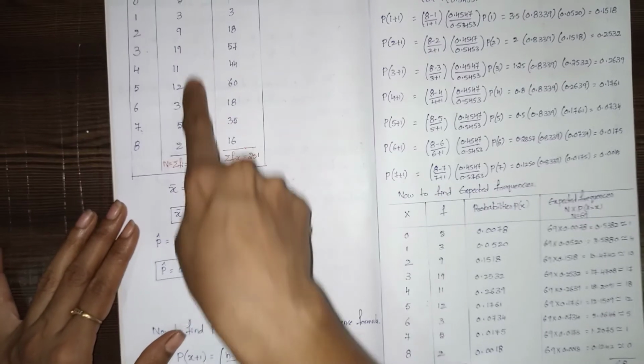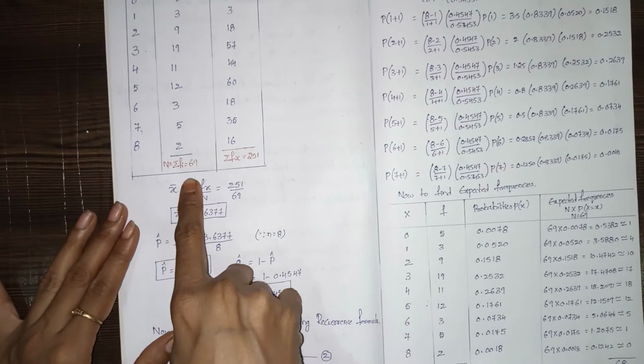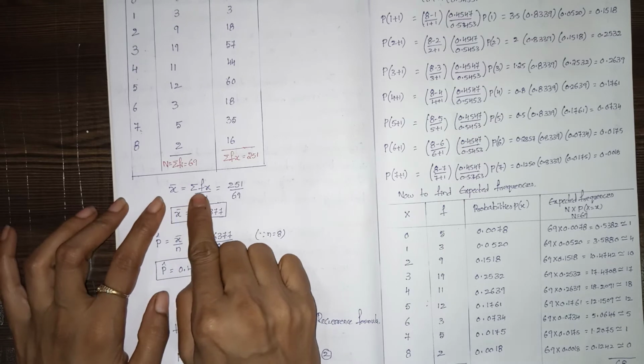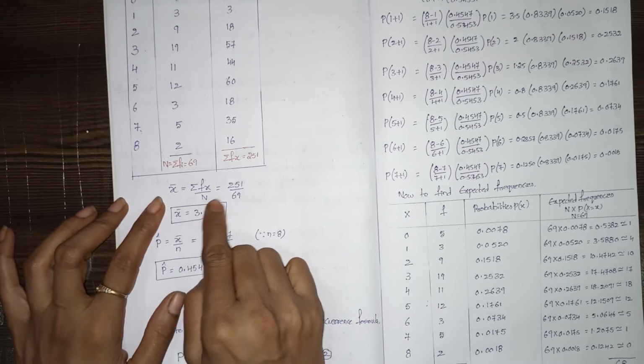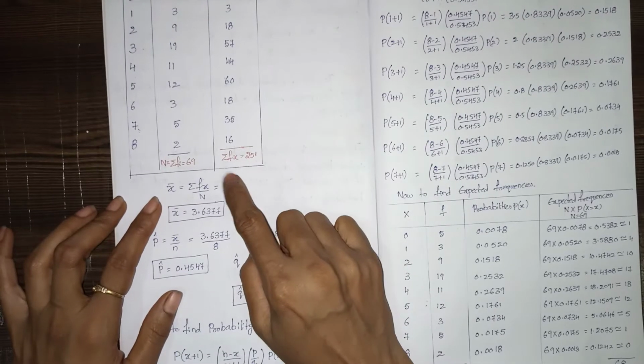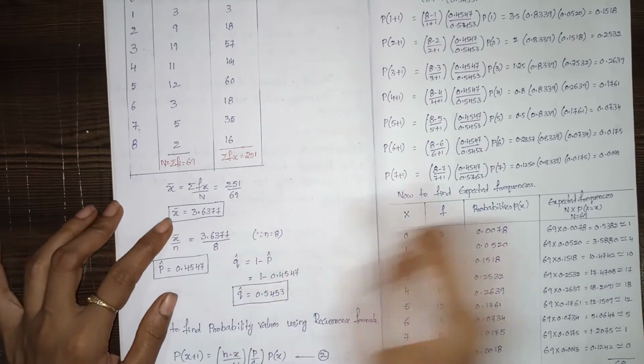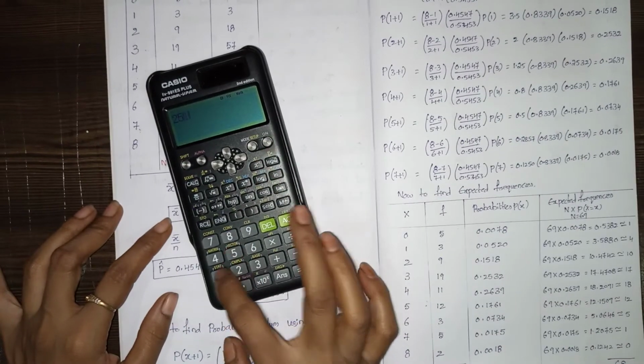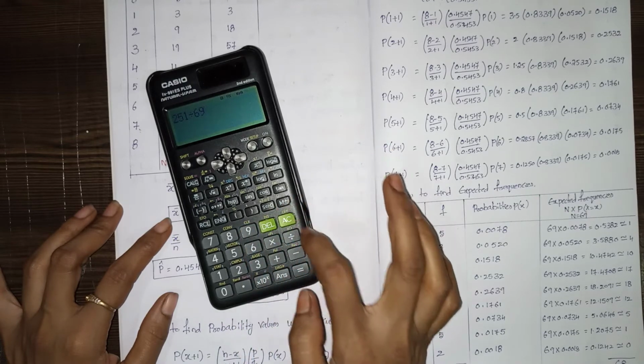Capital N is the sum of all the frequencies, that is 69. So x bar equals summation fi xi by capital N, that equals 251 by 69, that is 251 divided by 69.